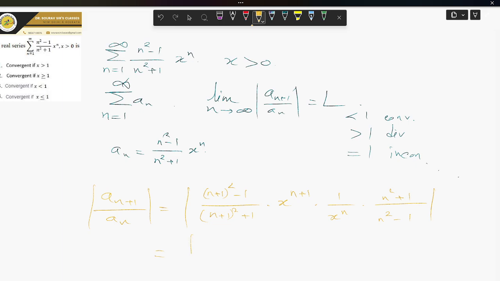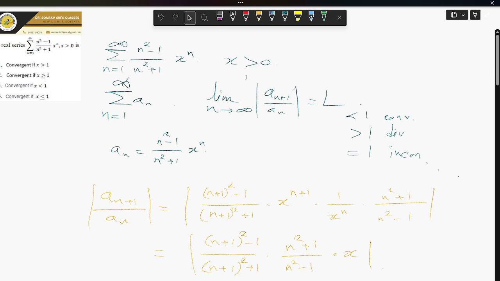And now that will be what? That will be ((n plus 1) whole square minus 1) upon ((n plus 1) whole square plus 1), and (n square plus 1) will remain outside, and our denominator will be (n square minus 1) into x.